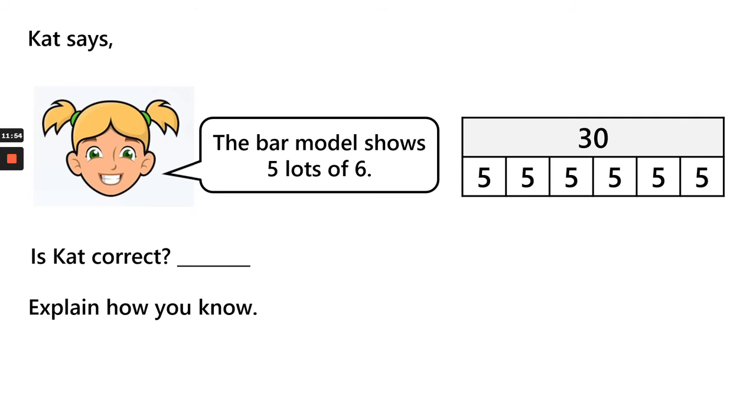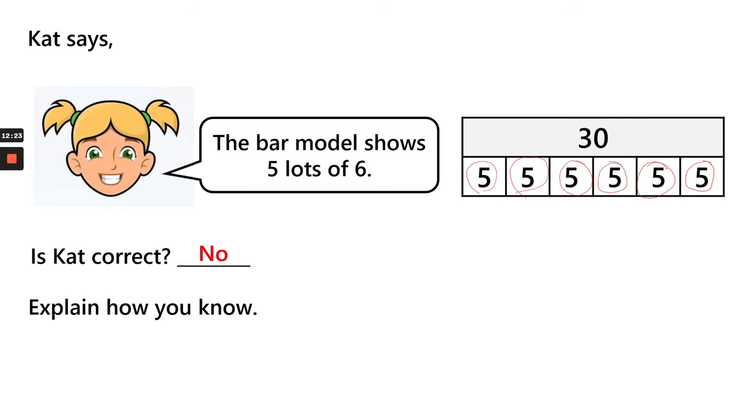We have 6. Do we have 5 lots of 6? No, because we have in our box 5s. So we don't have lots of 6, we have lots of 5s. And we have 1, 2, 3, 4, 5, 6 lots of 5.